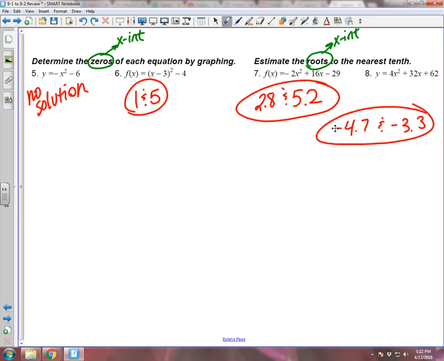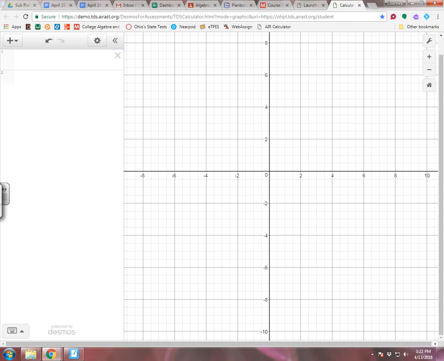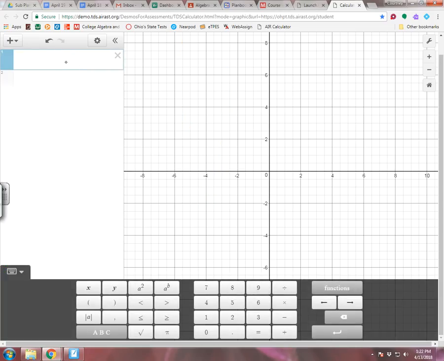Okay. Moving along. Fireworks are next. Okay, so I think what I'm going to do is I'm going to go ahead and put my equation in here first, so that's all ready to go. And then we'll go ahead and read. Just see what we need to find here.